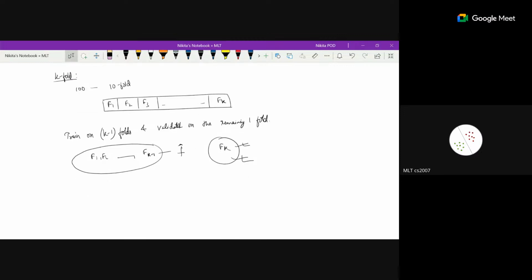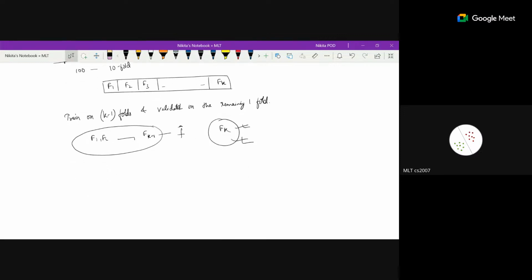Since this is k-fold, overall you repeat this process k times, and you will have k different mean square errors: mean square error 1, mean square error 2, and so on, because you have k folds and do it k times.